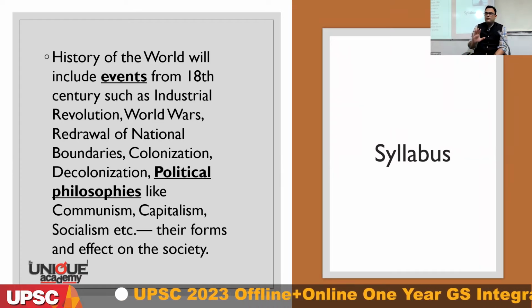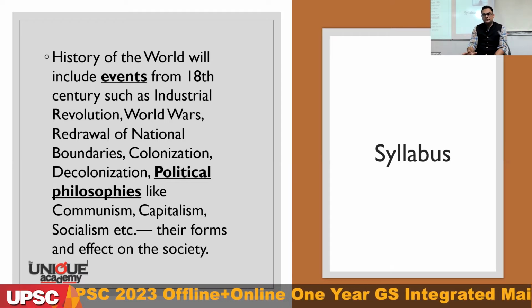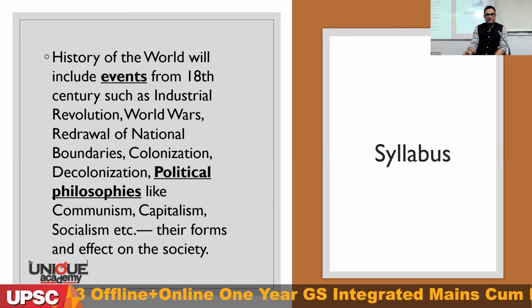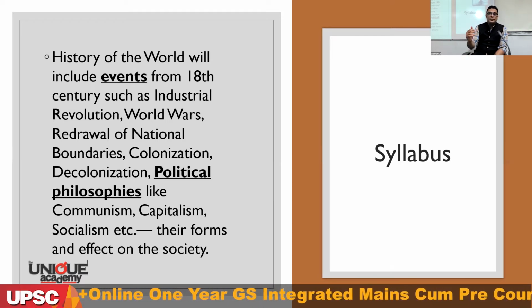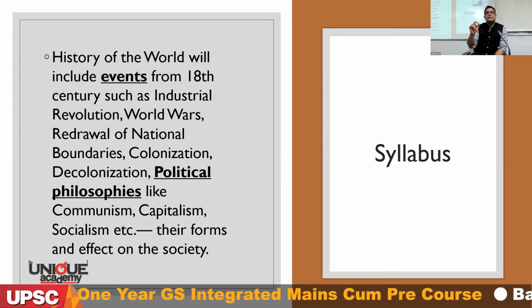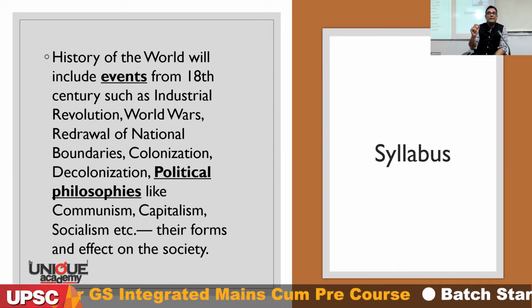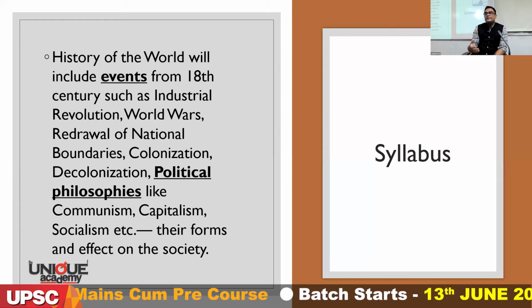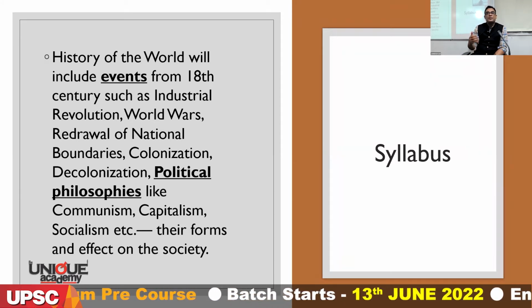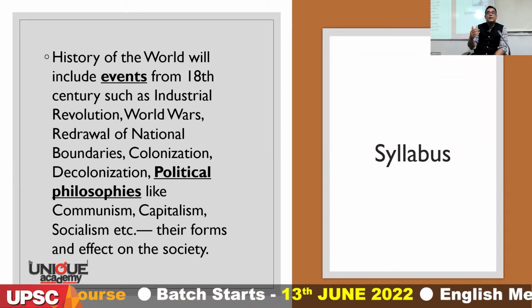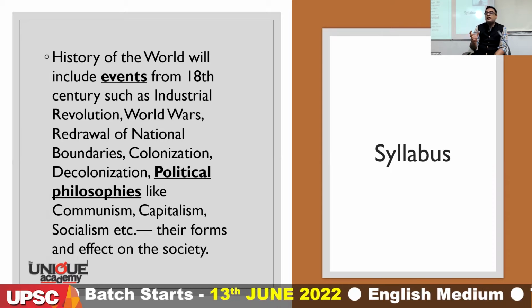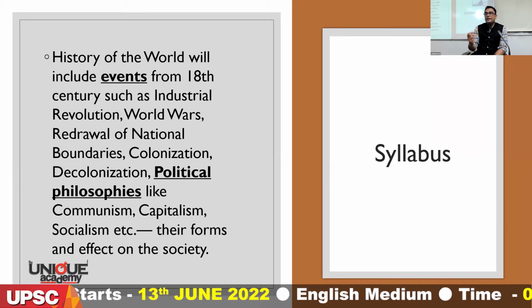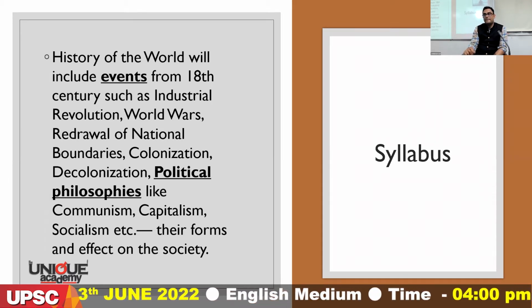Okay. Broadly speaking, you can see there are two aspects to it. One is the events starting from mid 18th century onwards. Okay. Some important events like American Revolution, French Revolution, American Civil War. These are events that we will be studying when we discuss world history.